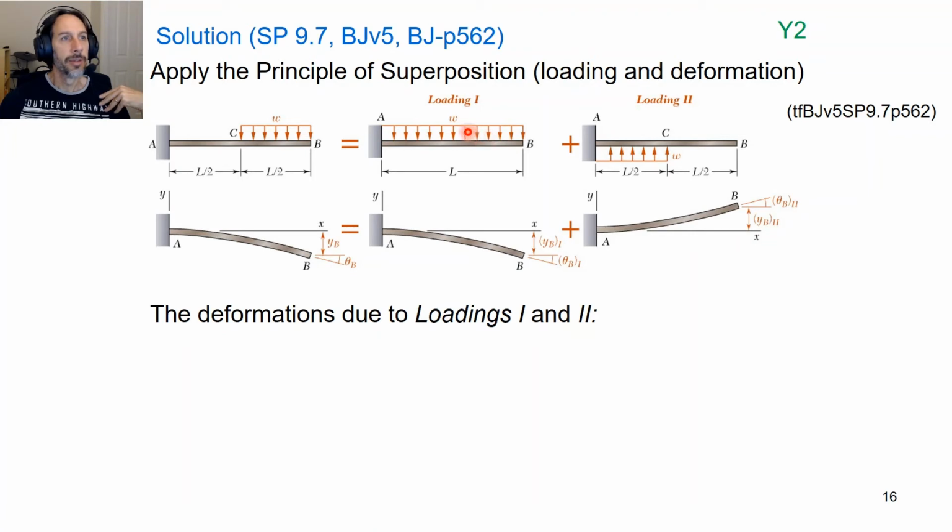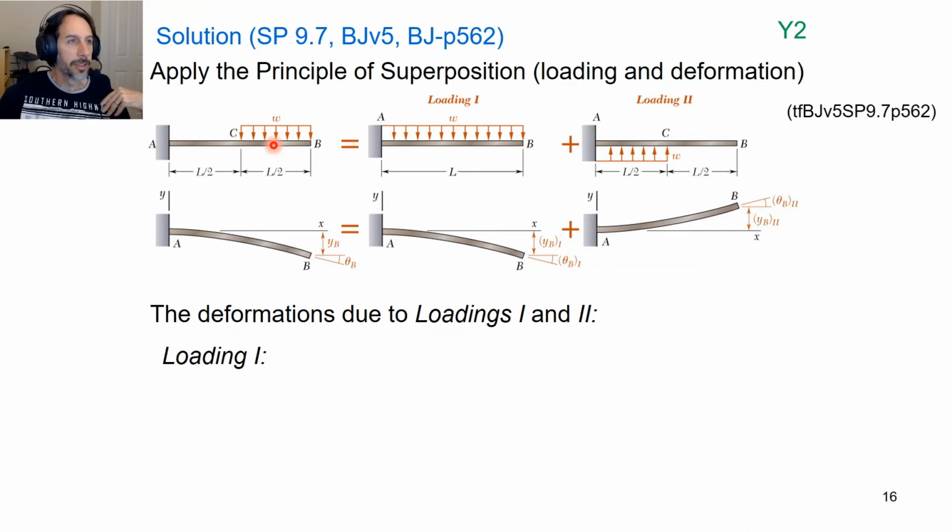This plus this is equal to this loading. So if we calculate the deflection and slope from this one and from this one and add them together, we should get the deformations for this case that we don't have a standard solution for.